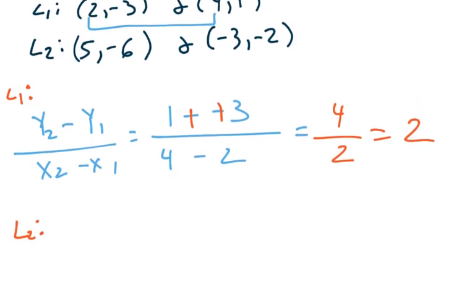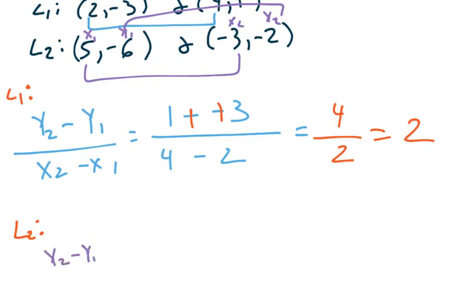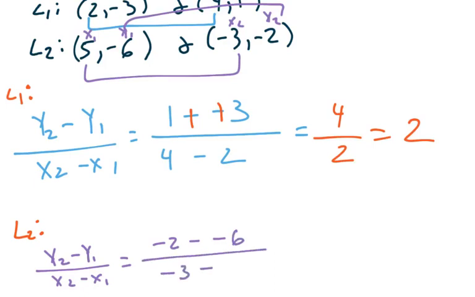Then we're going to jump to line 2. We're going to do the same thing. I'm going to label. We're going to write the formula out. I'm going to label y2 is negative 1 minus y1, which is negative 6, over x2, which is negative 3, minus 5. Negative negative becomes a positive, so this is 6 minus 2, which is 4.